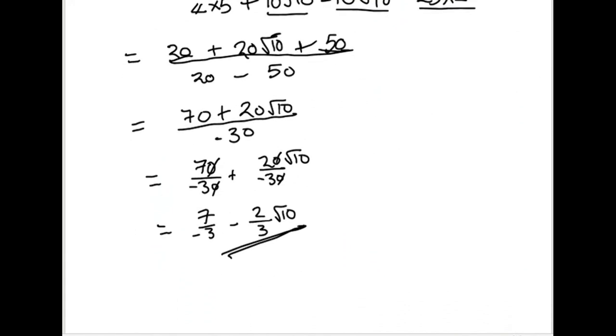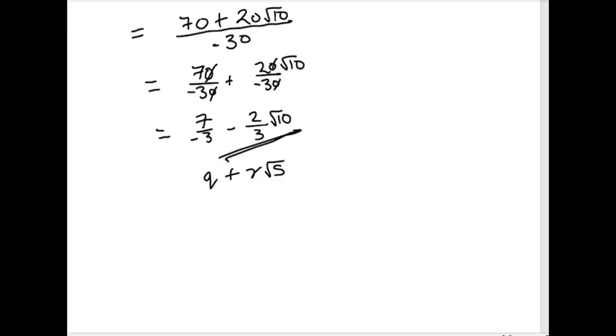We have q plus r root s, where q is equal to negative 7 over 3, r equal to negative 2 over 3, and s equal 10, or we can say 10 over 1, which is still 10.